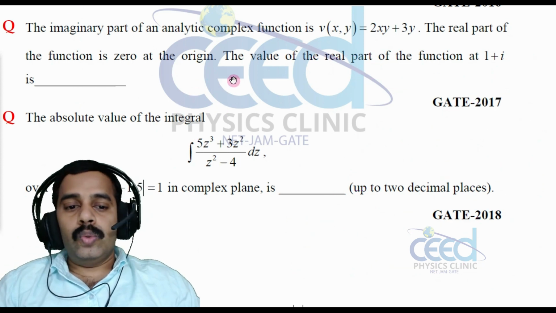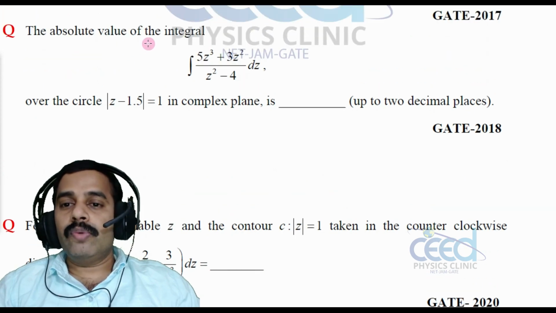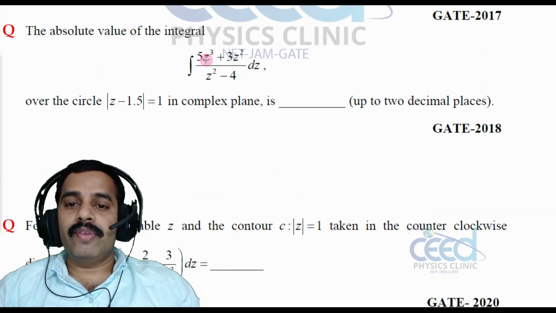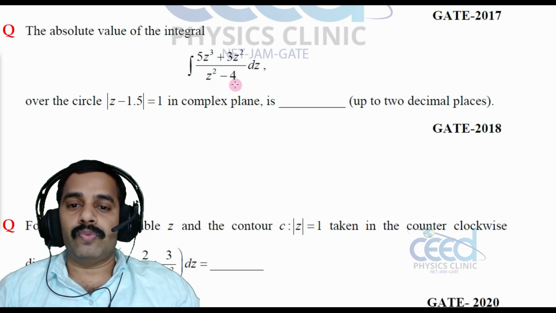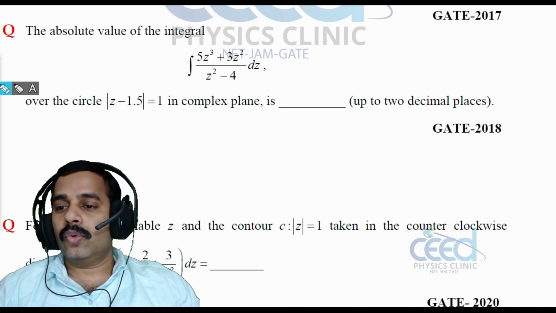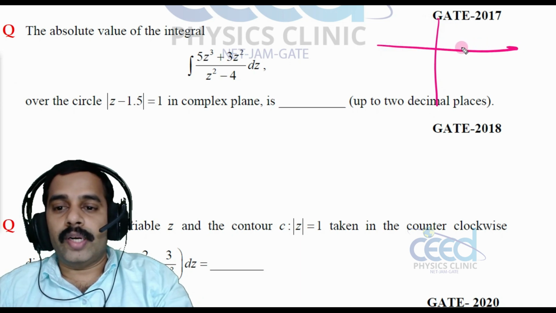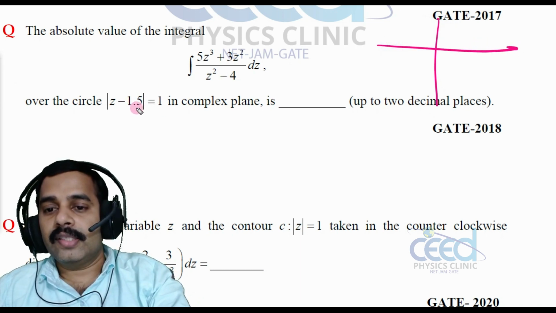Now let us go to another question. The absolute value of the integral of 5z cube plus 3z square divided by z square minus 4 dz over the circle. So let us draw the domain first. The radius is 1, right? And the center is at 1.5.